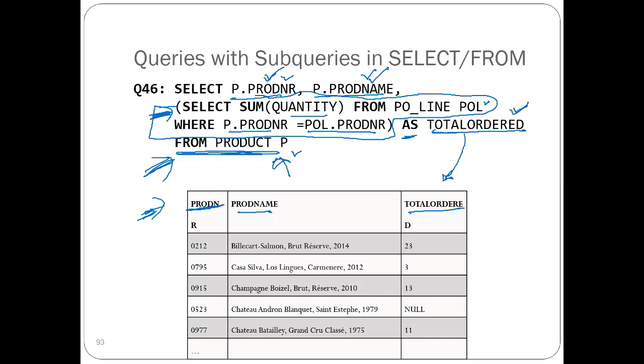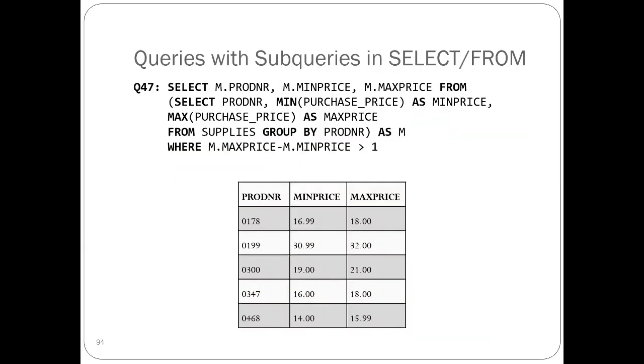Now, let's look at an even more interesting case where the subquery is sitting somewhere else. Just figure it out. Look at this query, and tell me, where exactly do we have a subquery? And how is it different from the previous two cases? In the previous two cases, the subquery occurred after the where clause and in the select part.